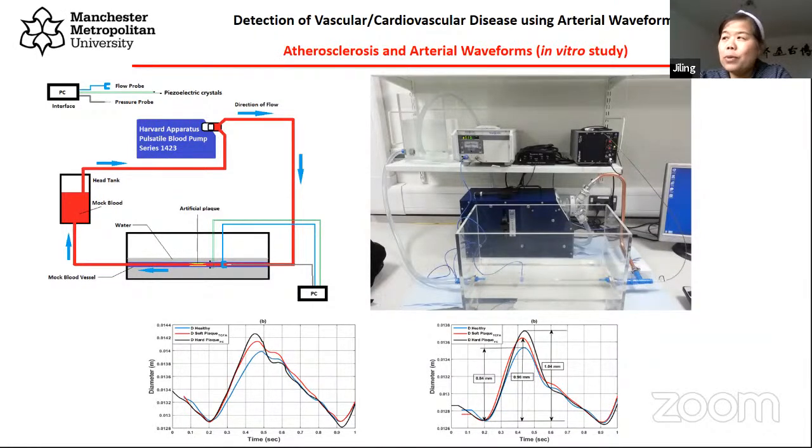That's no problem. And certainly we can also use water at the moment to represent the blood. Certainly the viscosity of blood is different from the viscosity of water, but generally, for the performance, we can still represent the performance for the waveform.